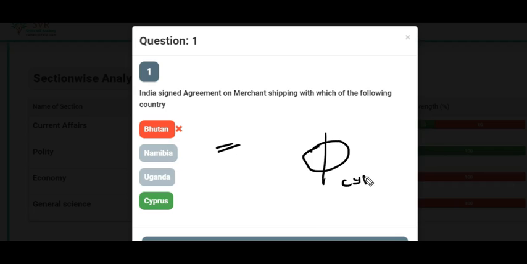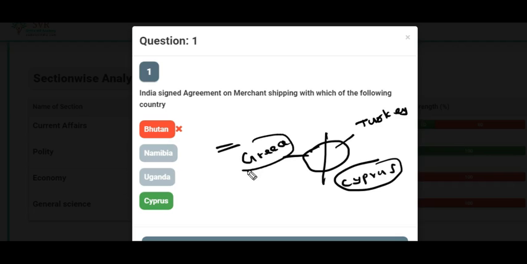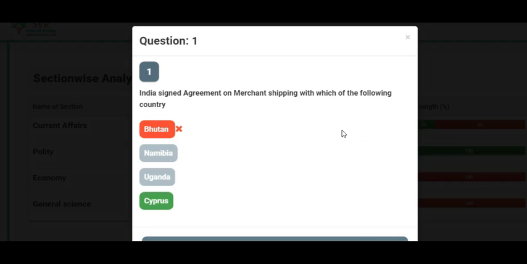The Cyprus nation is located in the Mediterranean Sea. One part is controlled by Turkey and another part is controlled by Greece. Most international leaders call for the reunion of both parts of Cyprus. Recently the Union Cabinet approved India's agreement on merchant shipping with Cyprus.